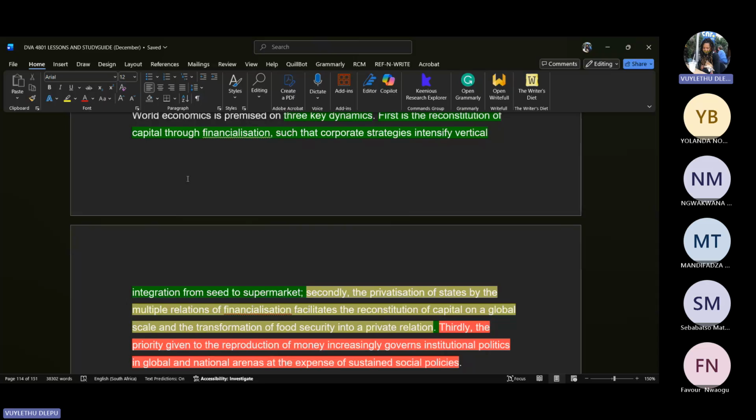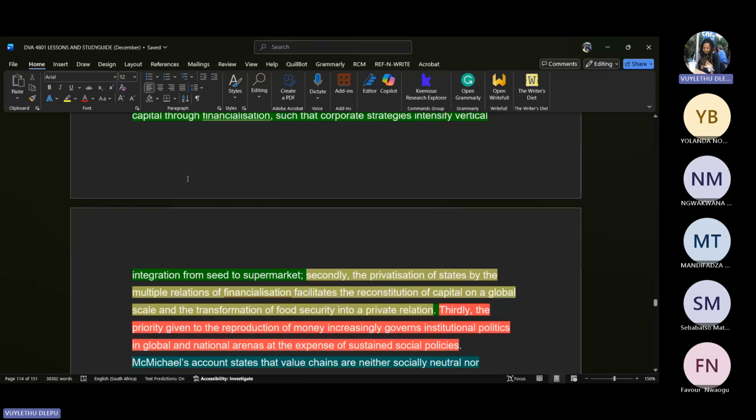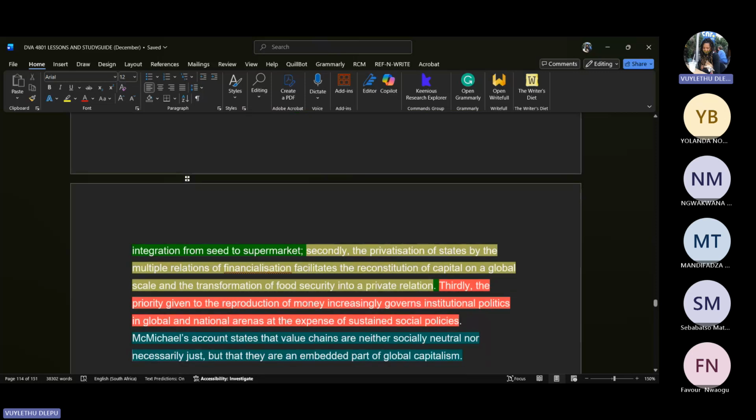Secondly, the privatization of states by the multiple relations of financialization facilitates the reconstitution of capital on a global scale and the transformation of food security into a private relation. Thirdly, the priority given to the reproduction of money increasingly governs institutional politics in global and national arenas at the expense of sustained social policies.